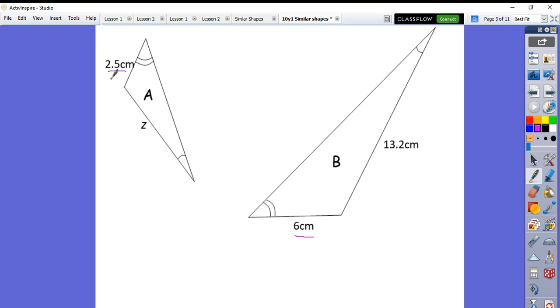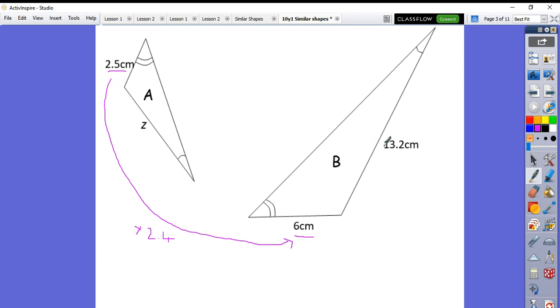So I need to know, how did I get from 2.5 to 6 centimetres? What scale factor did I use? Again, I can do that by dividing 6 by 2.5, and I will find that I have a scale factor of 2.4. So 2.5 multiplied by 2.4 would give me 6.